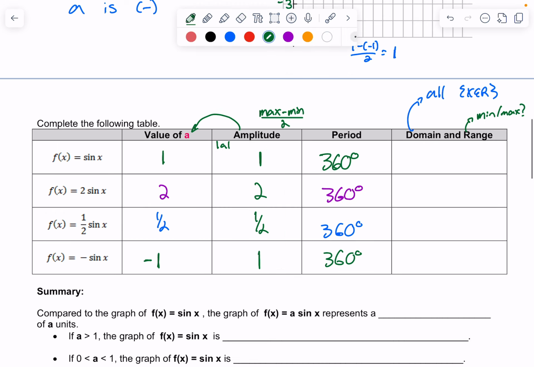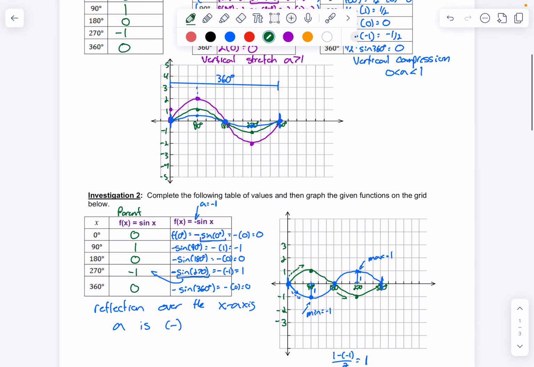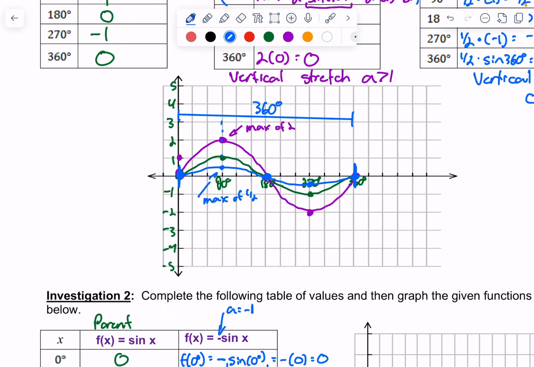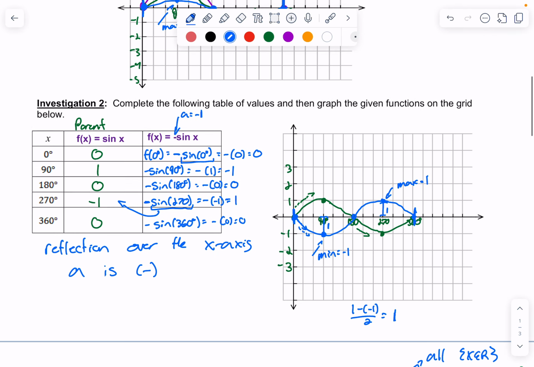So that means, and visually, let's go look, we can see, yes, your max and your mins are changing. Look, here you have a max of 2. And on the one that was compressed, here you have a max of half.